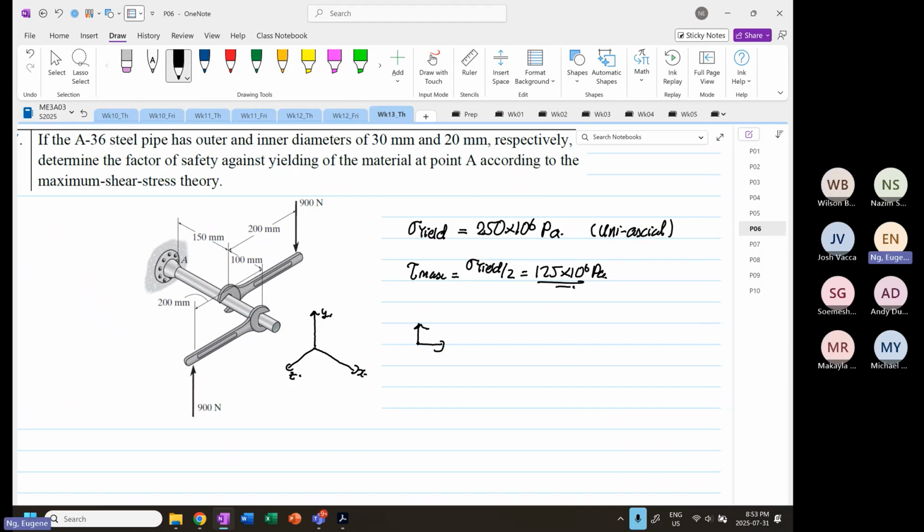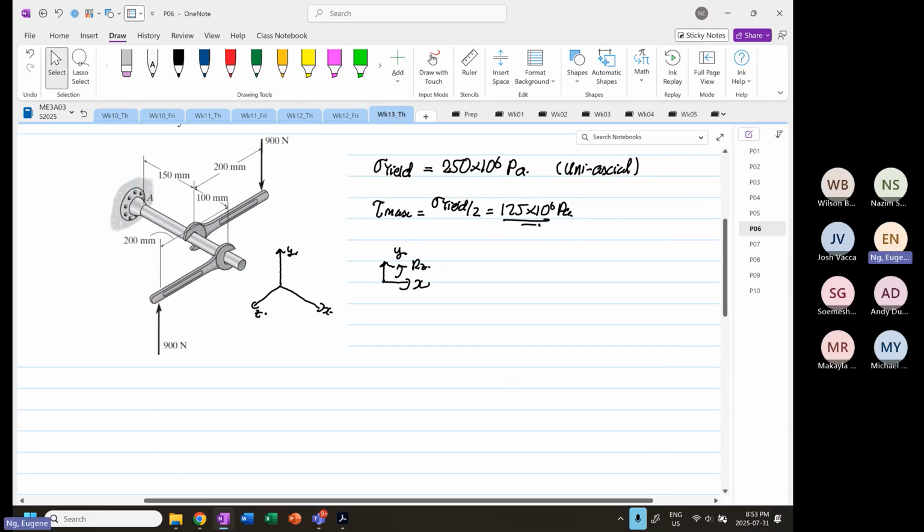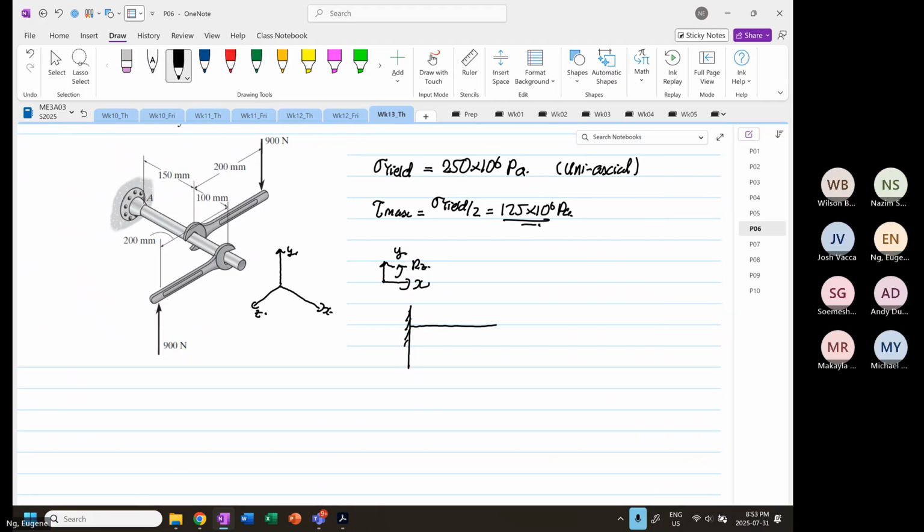We are going to look at our XY plane first, and then moment, or rotation, about Z. So if I sketch this out, we have a load down here coming at 900 Newton.